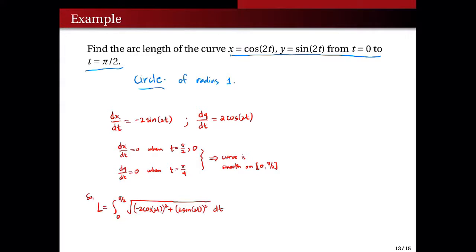This is equal to the integral from 0 up to pi over 2 of the square root of, we can factor out 4. So we'll have 4 and then cosine squared 2t plus sine squared 2t. Okay? And then we will have the dt. This guy here is just equal to 1.